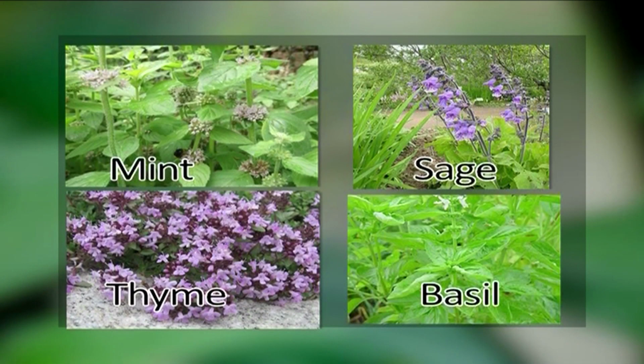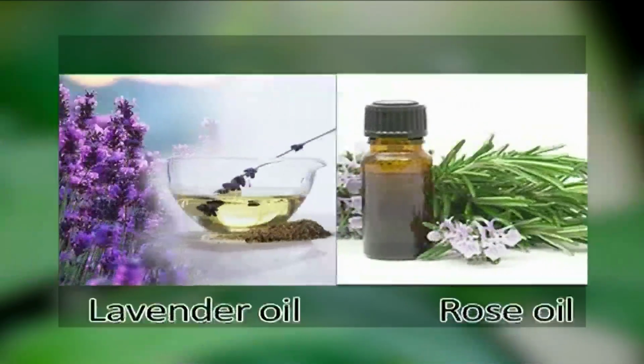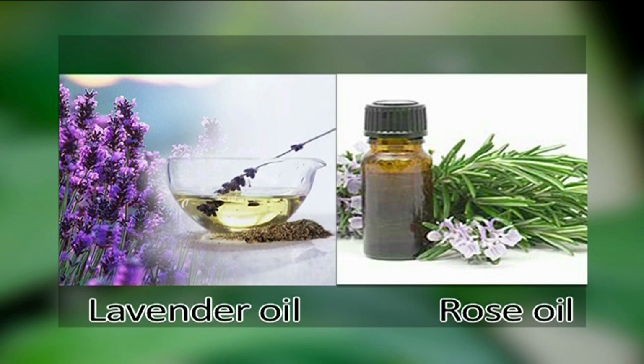Dear students, you might have heard words like mint, sage, thyme or basil. All these names are basically spices that make our food tasty. You might have also heard of lavender or rose oil, which serve our perfume industry.